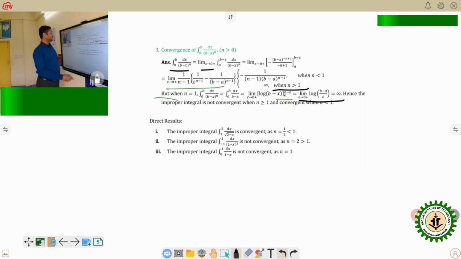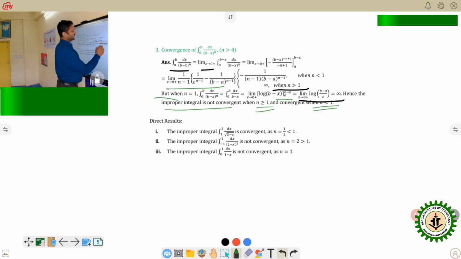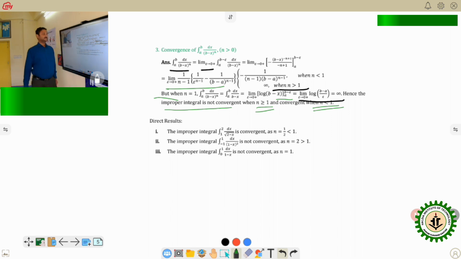Therefore, the improper integral is not convergent when n is greater than or equal to 1 and convergent when n is less than 1. And in a similar way, we have these three different types of improper integral, from which we can quickly find whether they are convergent or not.